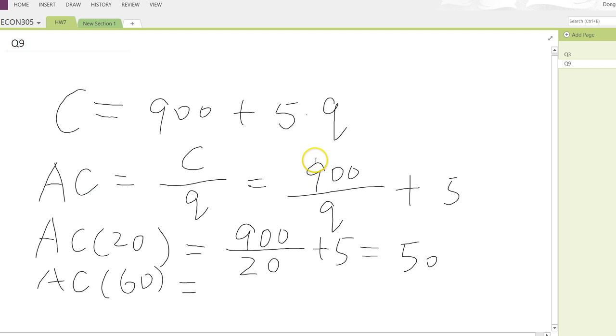And so this expression tells us that the average cost is a decreasing function of the quantity. Hence, when we increase the quantity, we can expect the average cost to decrease.